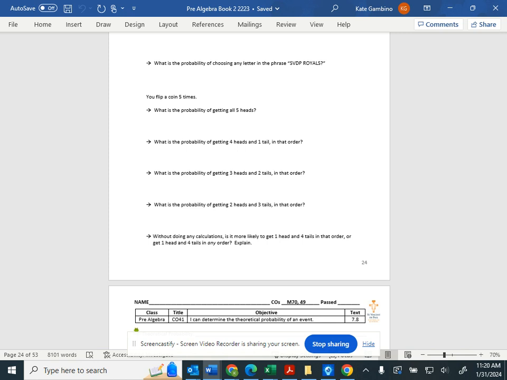How did you know that, Matthew? There's 2 possible outcomes when you flip a coin, and we're flipping it 5 times. That's going to tell you how many possible outcomes there are.